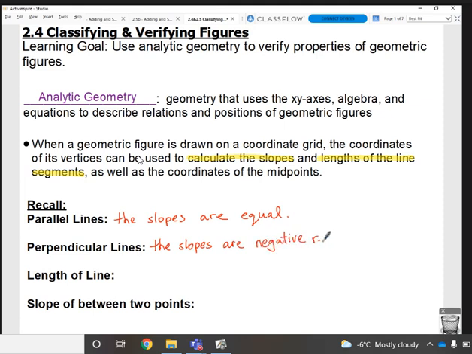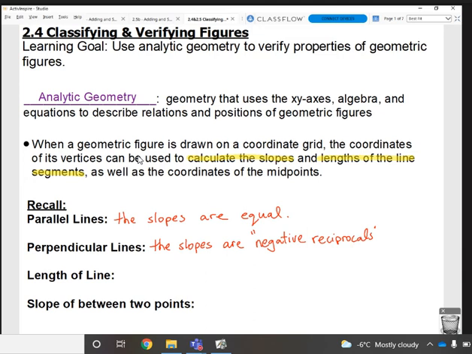That was a funny word we learned in grade 9, and we broke it down. When we say negative, we really mean just change the sign. If it's positive, the negative reciprocal is going to be negative, and if it's negative, it's going to be positive. And reciprocal just means flip. So we're changing the sign and flipping the slope.